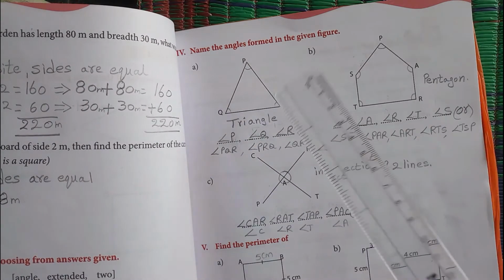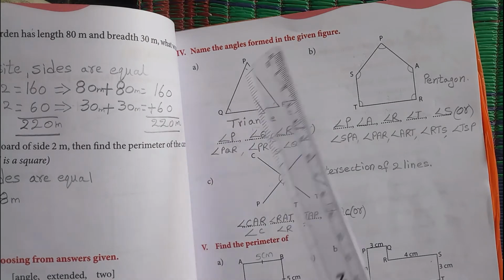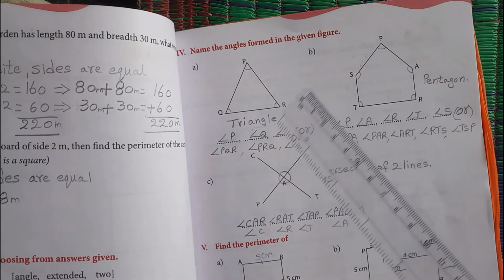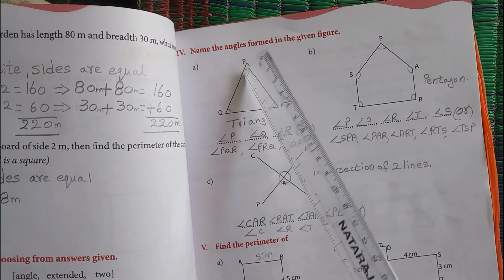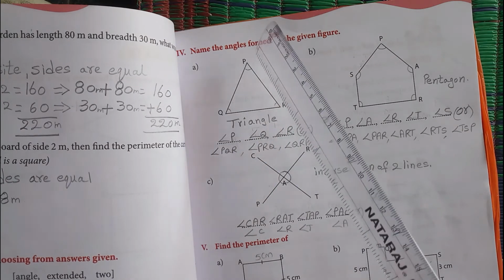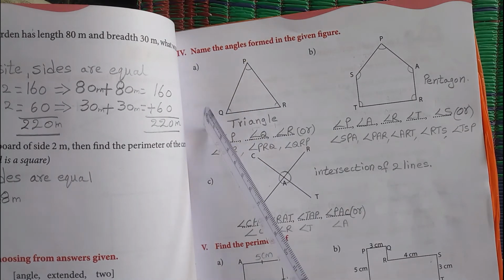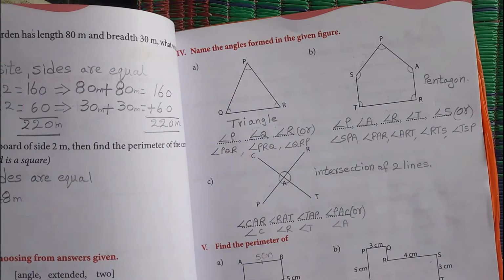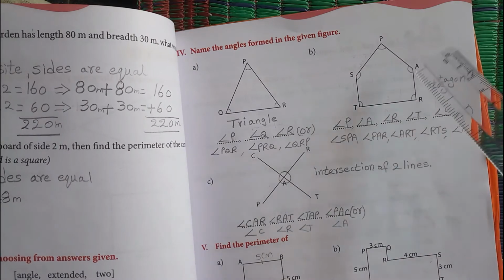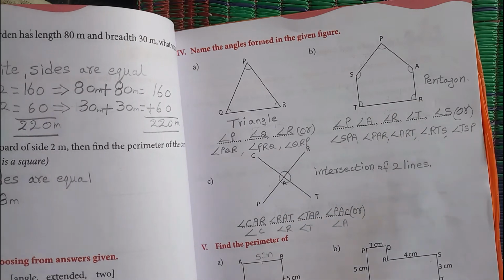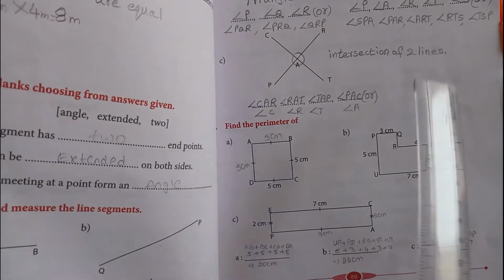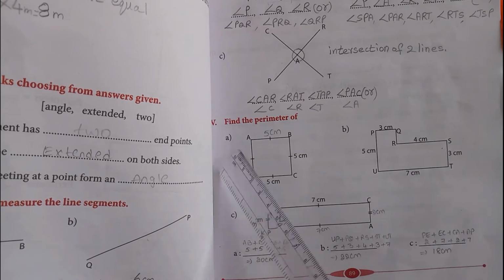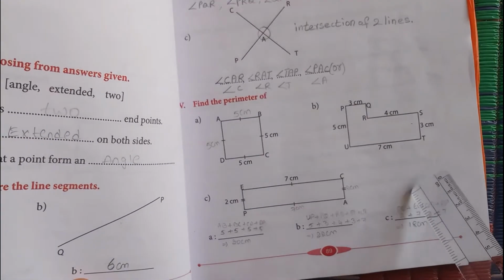We have to say angle P, angle Q, angle R, or else we have to call it as angle PQR, angle PRQ, angle QRP. Okay, so rest of the sums you do B bit and C bit you do, and even here fifth bit also. Find the perimeter of this square, rectangle and this box. You do A, B, C bits on your own.